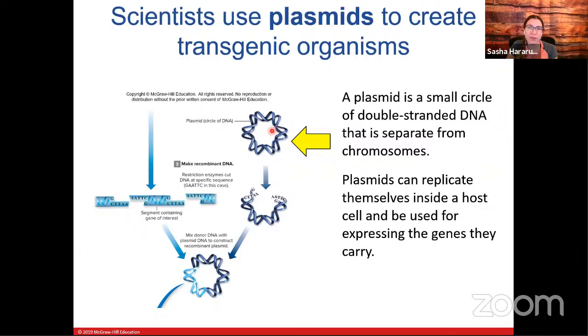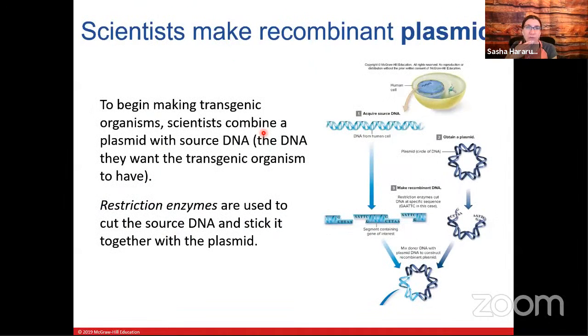Plasmids can replicate themselves inside a host cell, and since it's a DNA strand, can be used for expressing the genes they carry. Next, I'm going to go over for a little bit how these recombinant plasmids are formed.